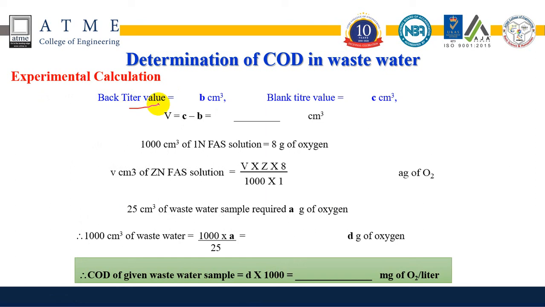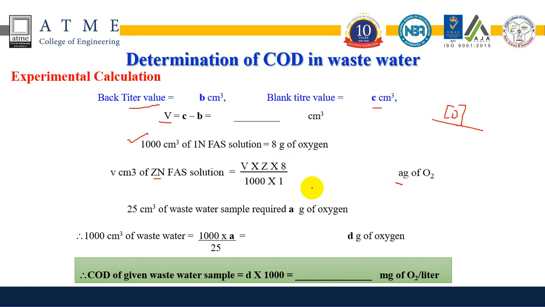So back titer value B minus blank titer value given gives V, the volume of K2Cr2O7 actually required for oxidation of organic matter. 1000 cm cube of 1 normal FAS is equal to 8 gram of oxygen, right? You are donating nascent oxygen here. V cm cube of Z normal, which is calculated earlier: V into Z into 8, where 8 is 8 gram of oxygen, divided by 1000.